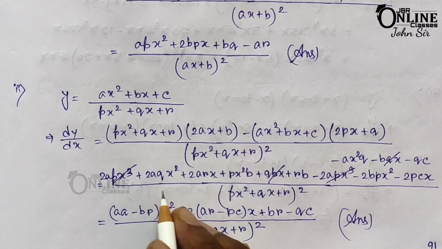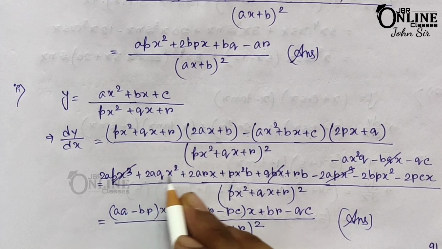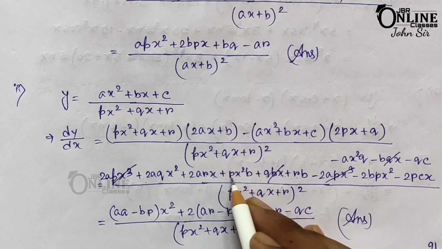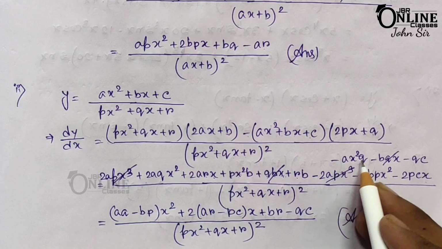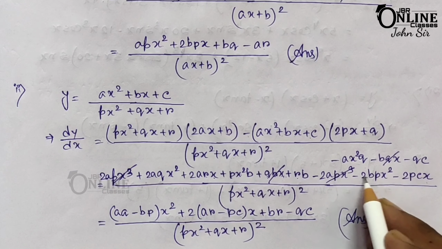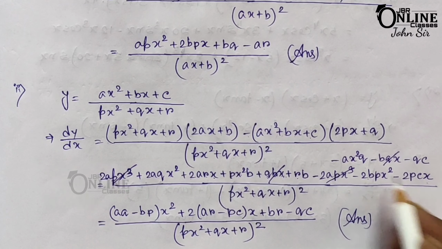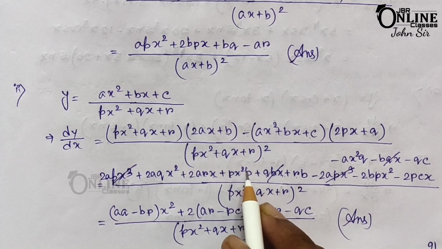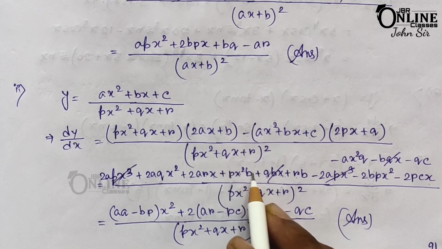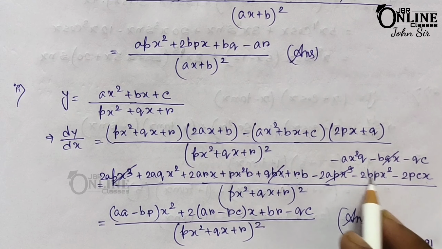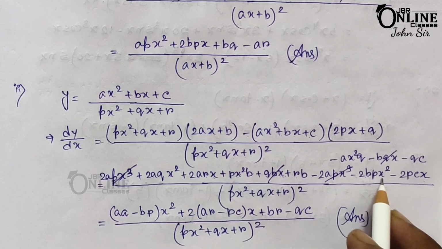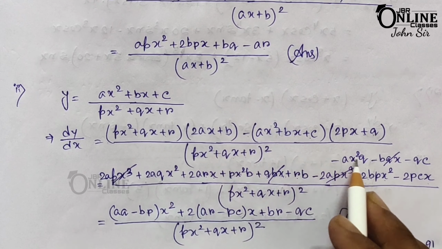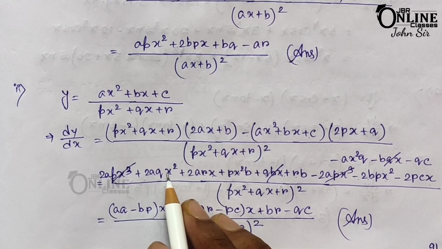Now here you have 2aqx square, and here also you have bpx square. Here aqx square, and here 2bpx square. So 2bpx square here and bpx square here, so bpx square subtracted from this one gives minus bpx square, and 2aqx square subtracted from aqx square gives aqx square.